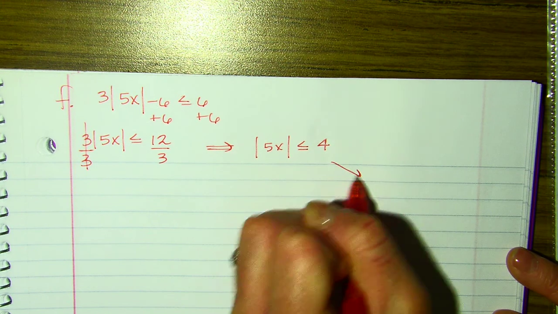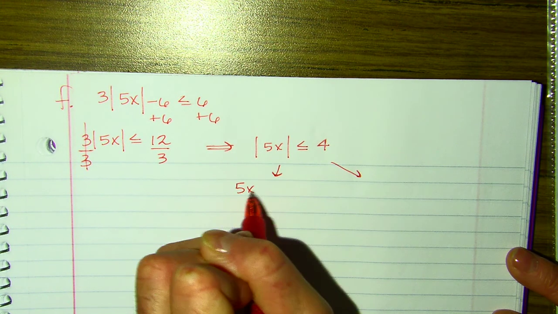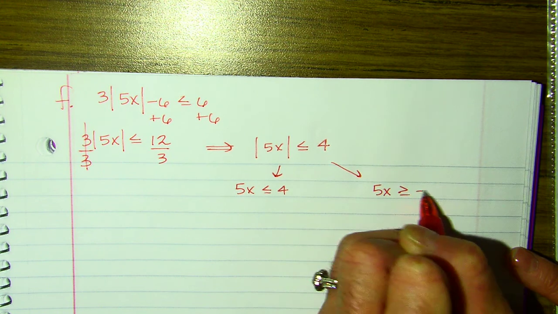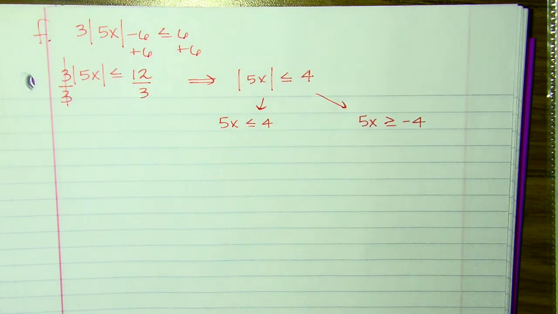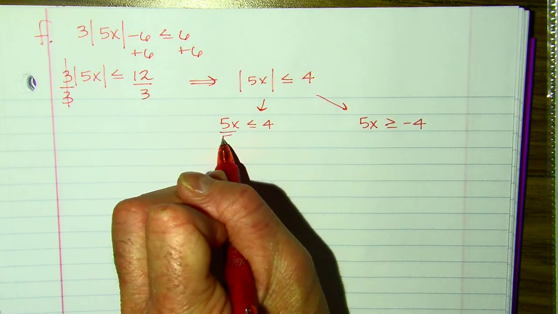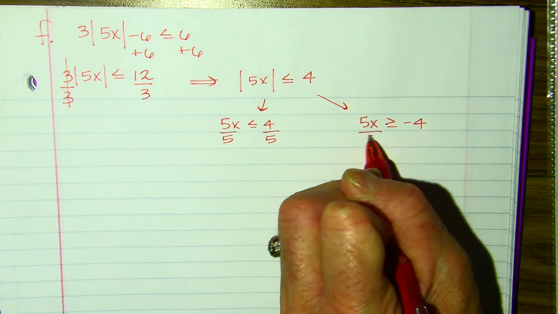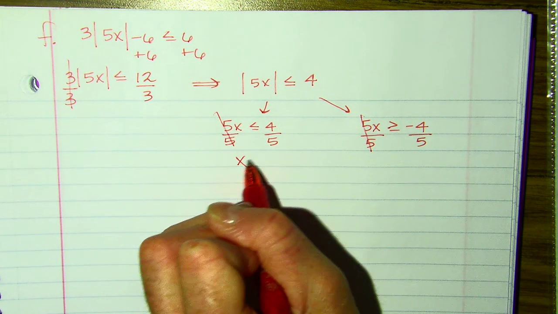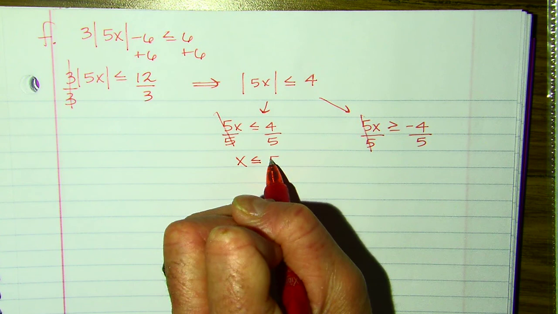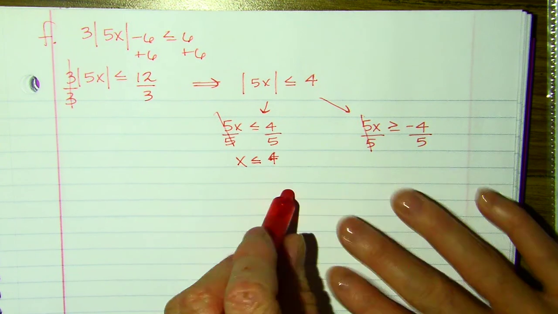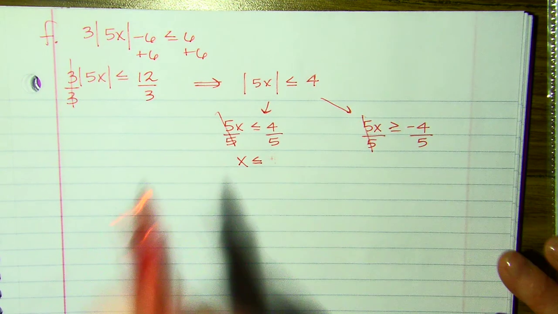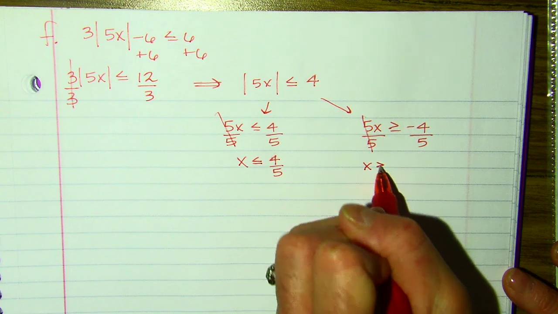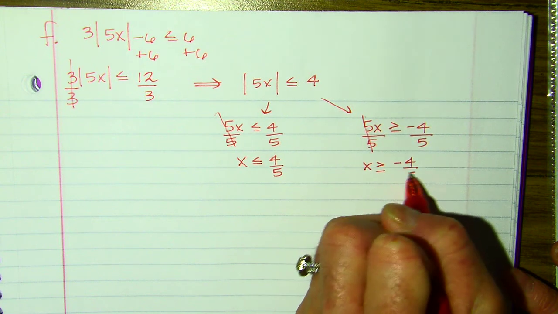And then I can write my two equations. 5x is less than or equal to 4. 5x is greater than or equal to negative 4. Now for this one, I'm dividing by 5, so both of my answers are going to be fractions. If you want to make these a decimal, you can, but it just means my number line is going to be in fifths. And I'd like you to keep it in fractions. Don't be scared of them.